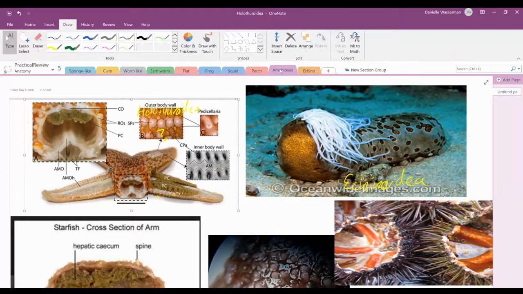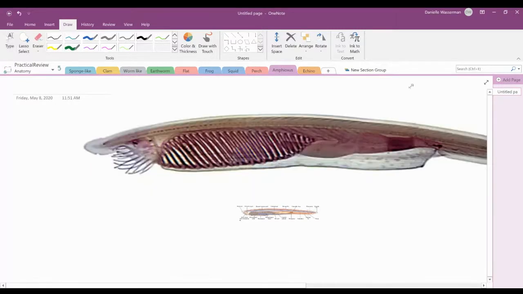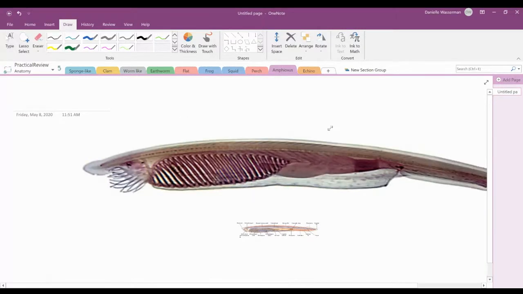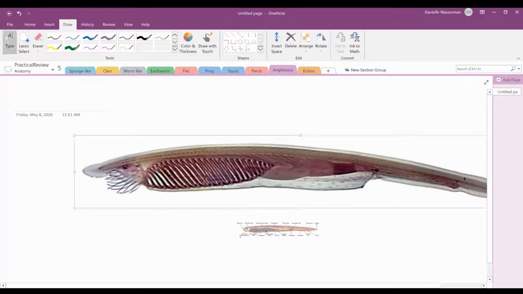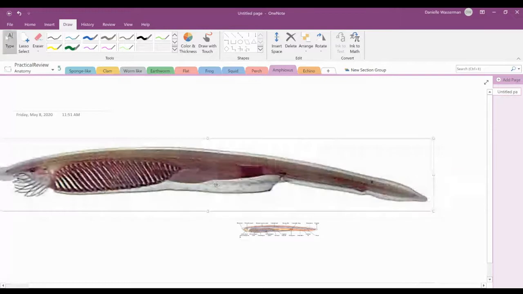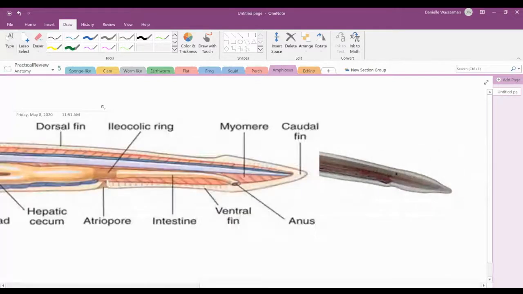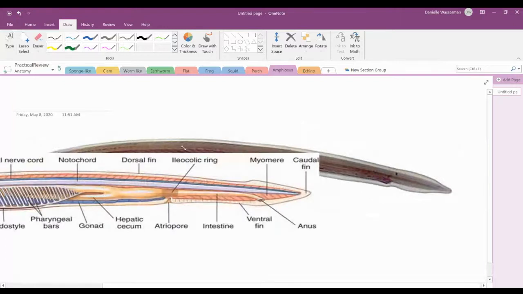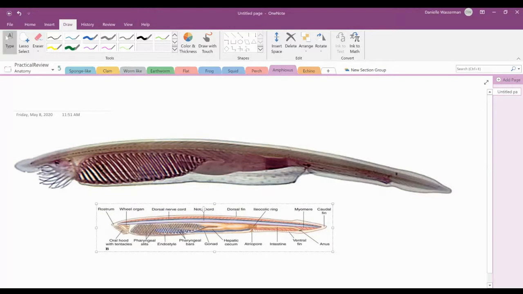Okay, so now I'm going to talk a little about Amphioxus, because you may have to identify a piece of its anatomy. So a diagram like this would help you. But as I've told my class many times, notochord versus dorsal nerve cord.